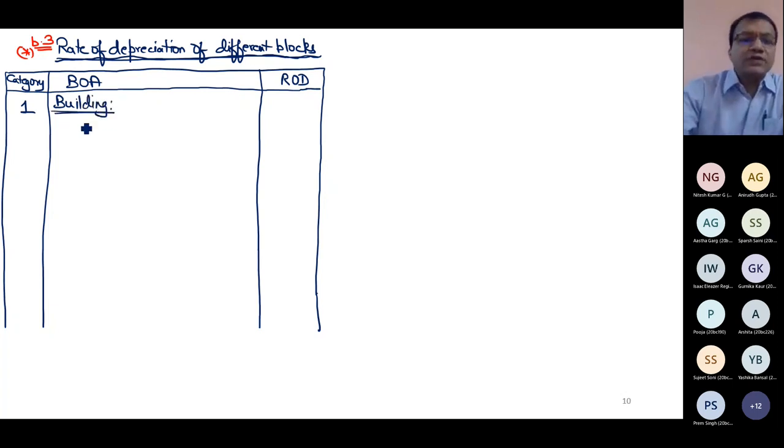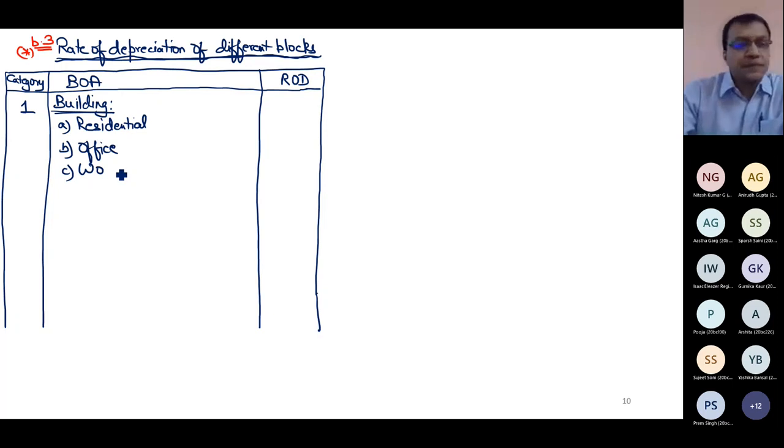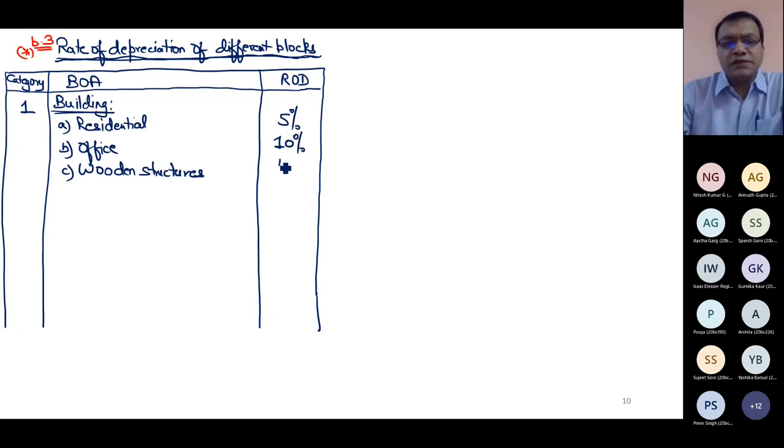Within building, there are three types: residential nature buildings, office buildings, and buildings which are of wooden structure. Residential buildings are having depreciation rate of 5% flat, office building 10%, wooden structure building 40%. So main heading is building. Within building, there are three different blocks: 5, 10, 40.